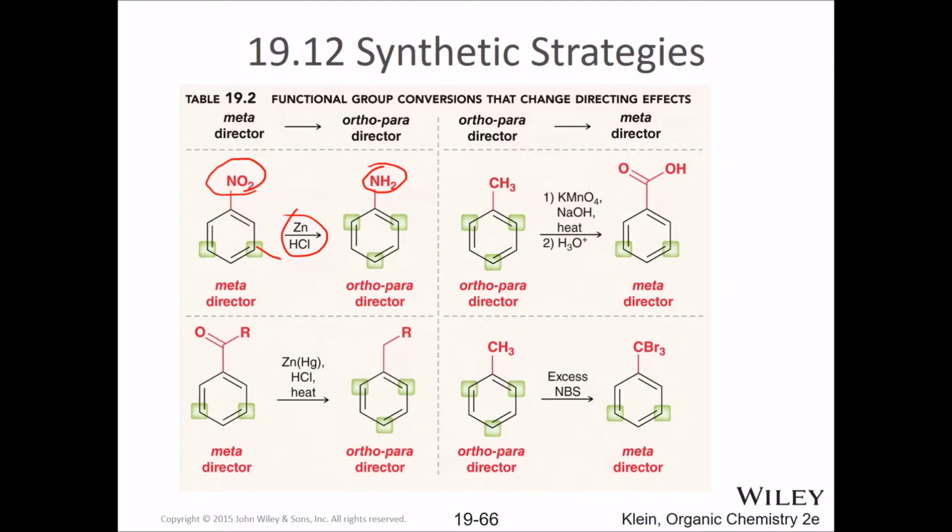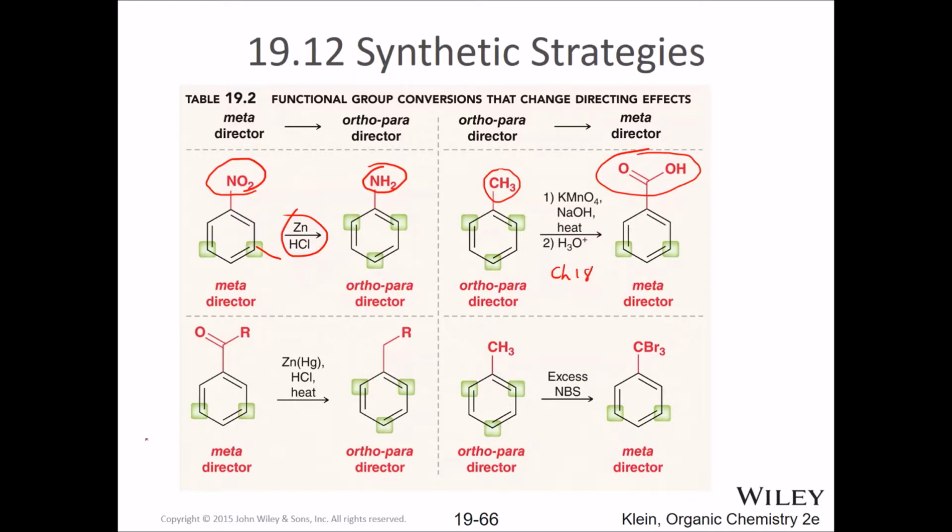Or in another example, I could put something in the OP position by using a methyl group and then convert it to an acyl group, which in this case is a carboxylic acid, right? Remember this reaction from chapter 18?